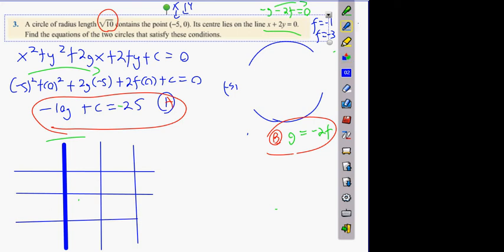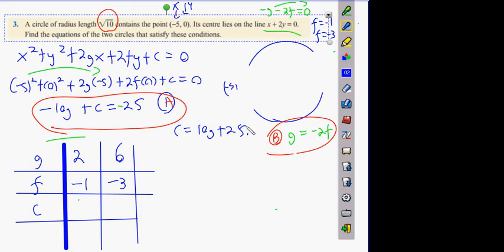And we already know that f has two answers. f has an answer of -1 and -3. We know that g is -2 times f. That makes that +2 and +6. We then know that c, which is on its own here, c = 10g - 25. Multiply it by g and take away 25.